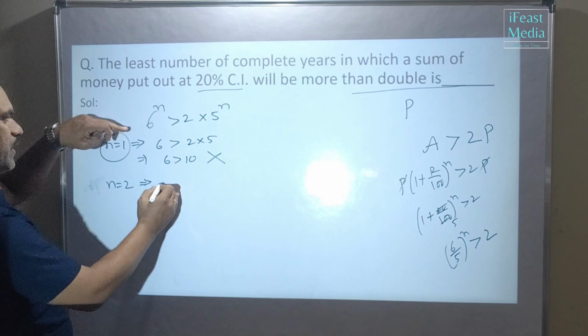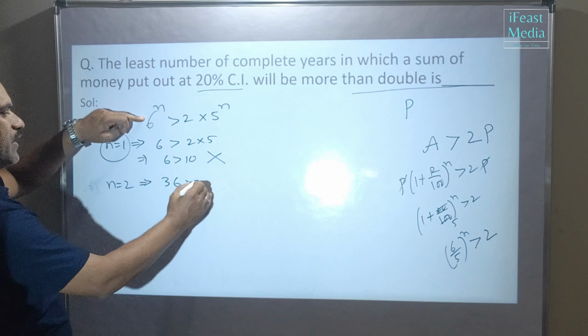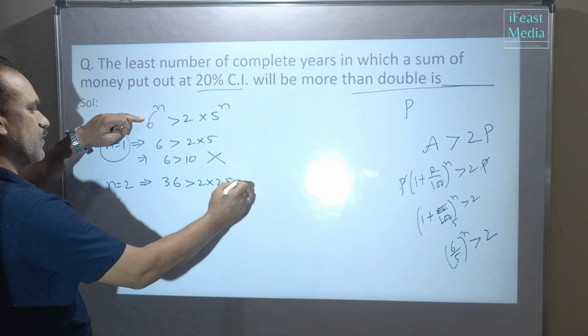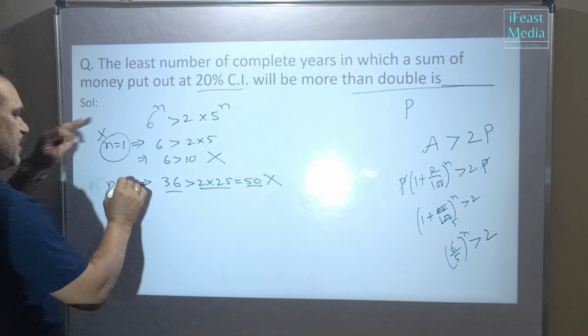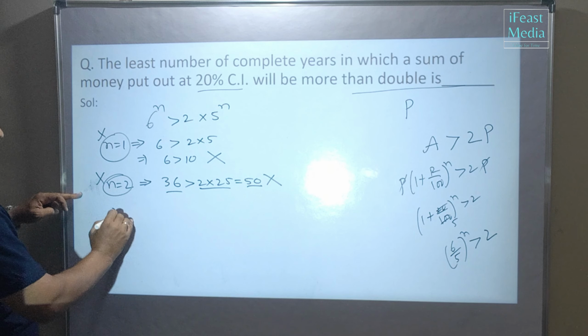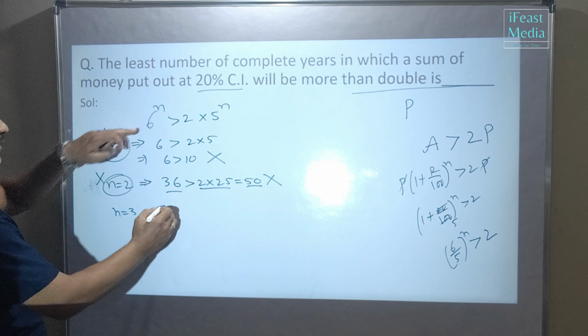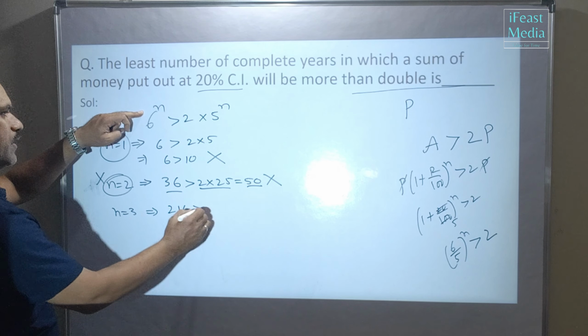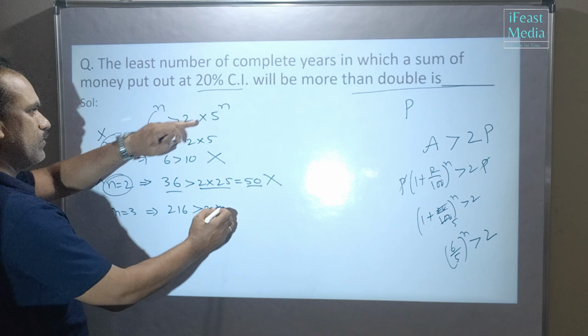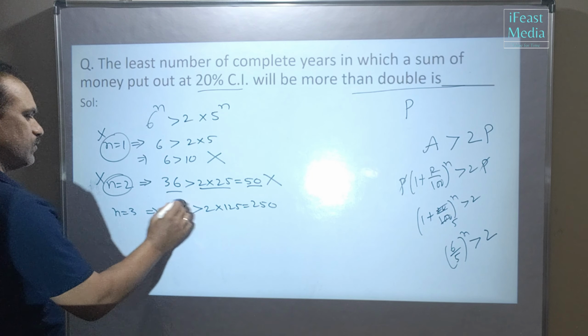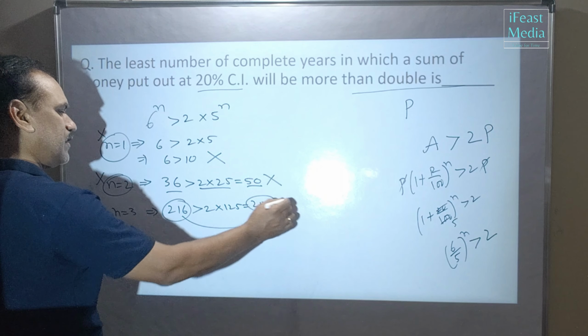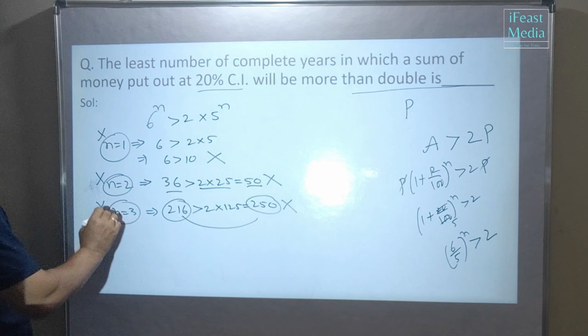This becomes 36 greater than 2 into 5 square, 25, so this is 50. 36 greater than 50 is false. So n cannot be 2. Try n equal to 3. 6 power 3, 216, greater than 2 into 5 cube, 125, which is 250. So 216 greater than 250 is false. So n cannot be 3.